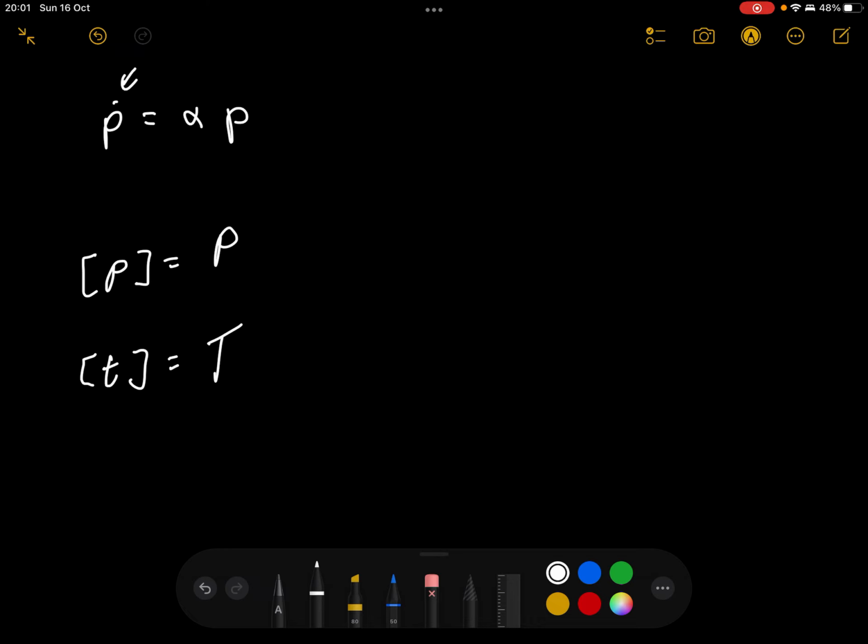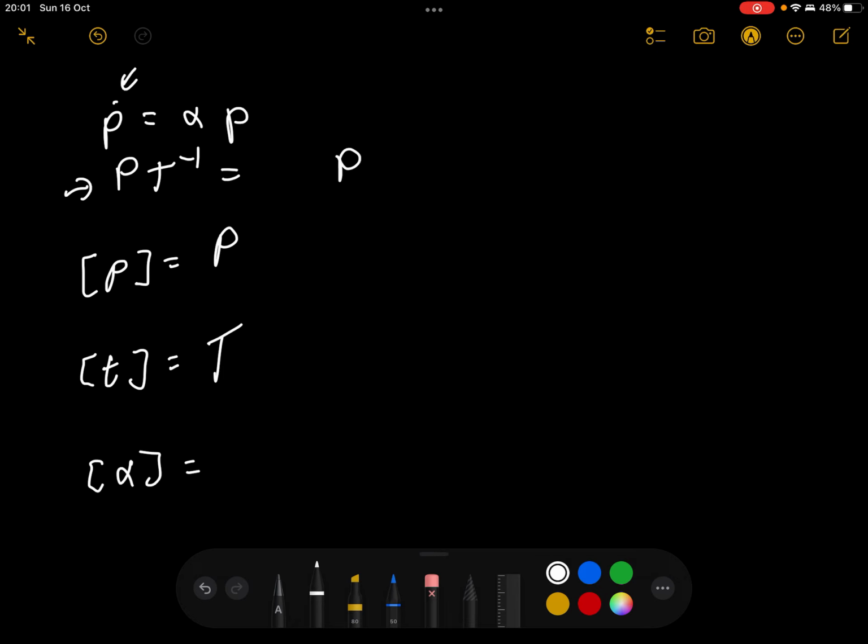So to do so, let's first see what the units for alpha are. Because population has units of capital P, the units on this side are capital P and capital T to the minus 1, and over here there's capital P again.